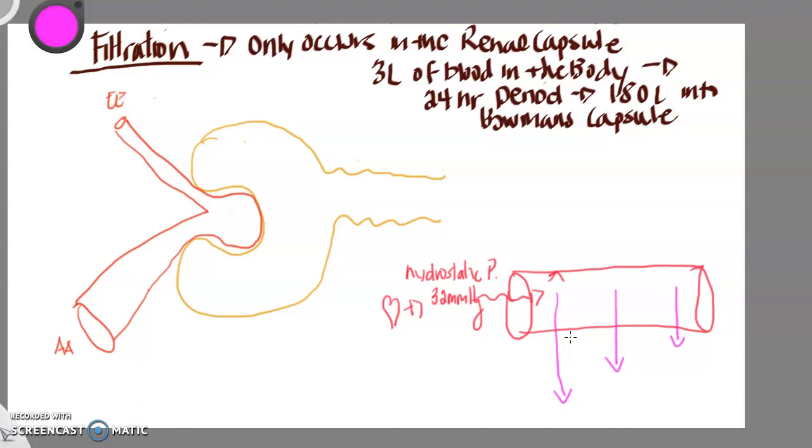So as it flows through this basically straight capillary bed, it's going to get less there as well, from friction, whatever. So we know that stuff is pushed out with that, and we call that bulk flow. That was just stuff that was pushed out due to this pressure on the walls pushing out fluid and stuff with it. That's basically filtration. That is filtration.